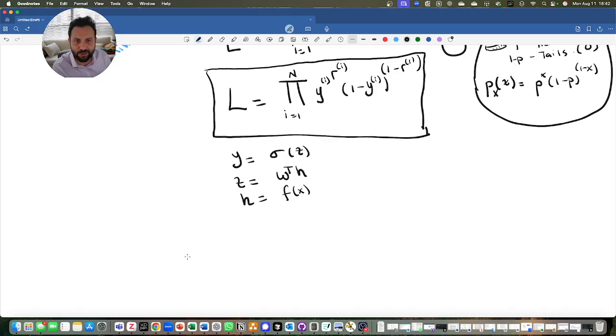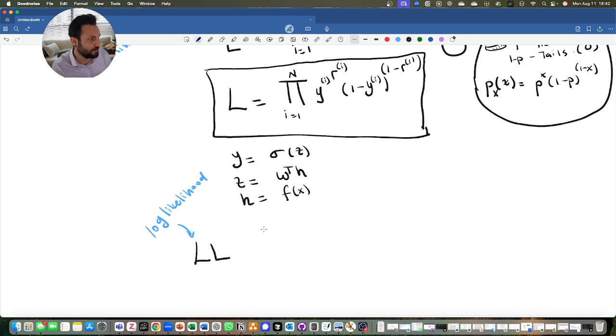But before we go with the exponentials and multiplications and products, let's take the logarithm of this likelihood. Logarithm is such a great function that converts all of these ugly exponentiations into multiplications and converts multiplications into summations. So that's my log likelihood.